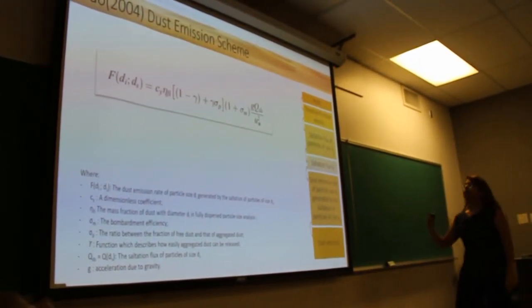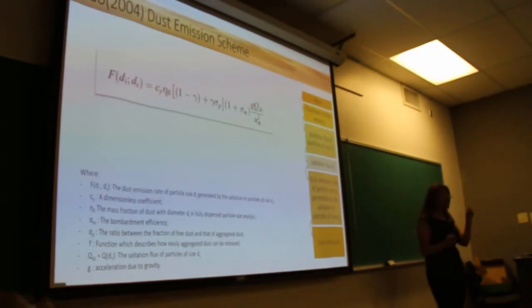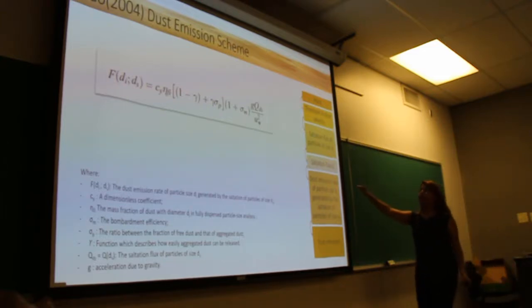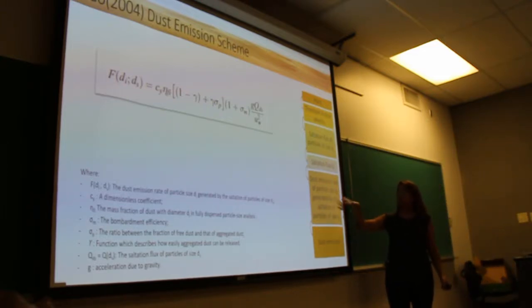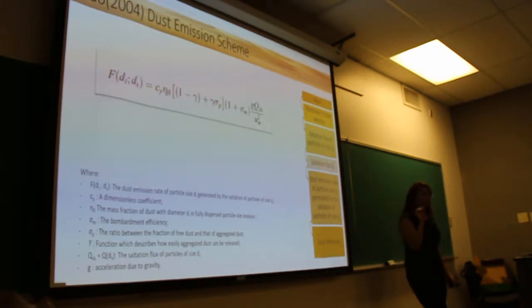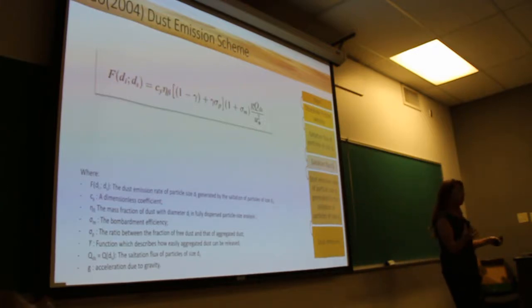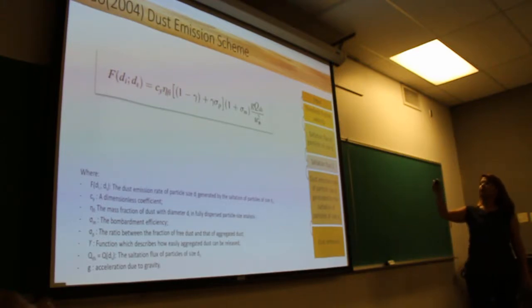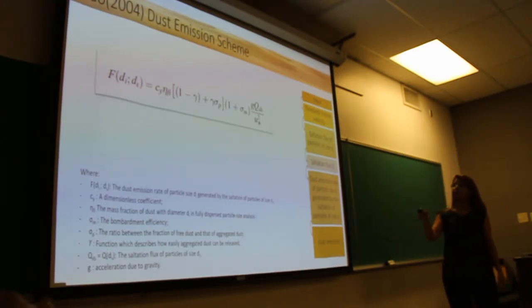Then we calculate saltation flux for each particle size, and then the total saltation flux. Saltation flux is used to calculate the dust emission rate for each particle size, and then we have the total emission.